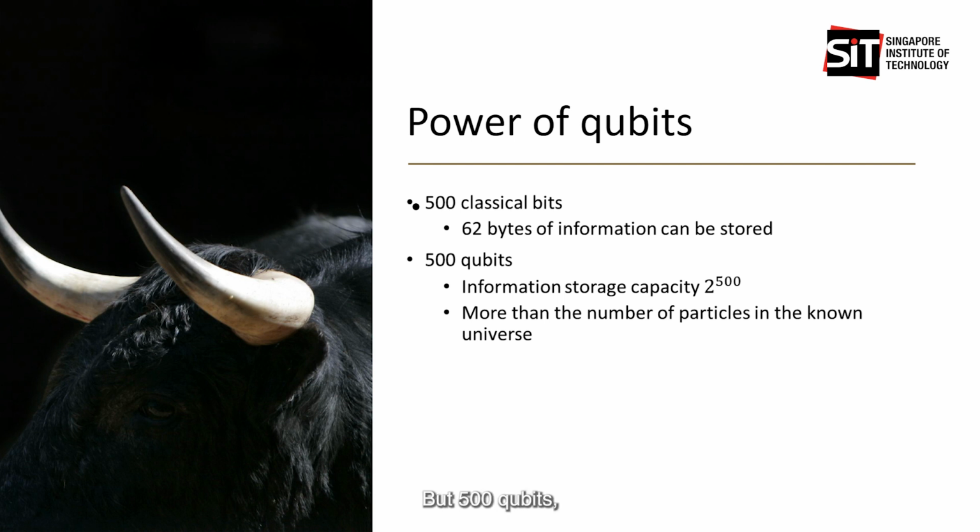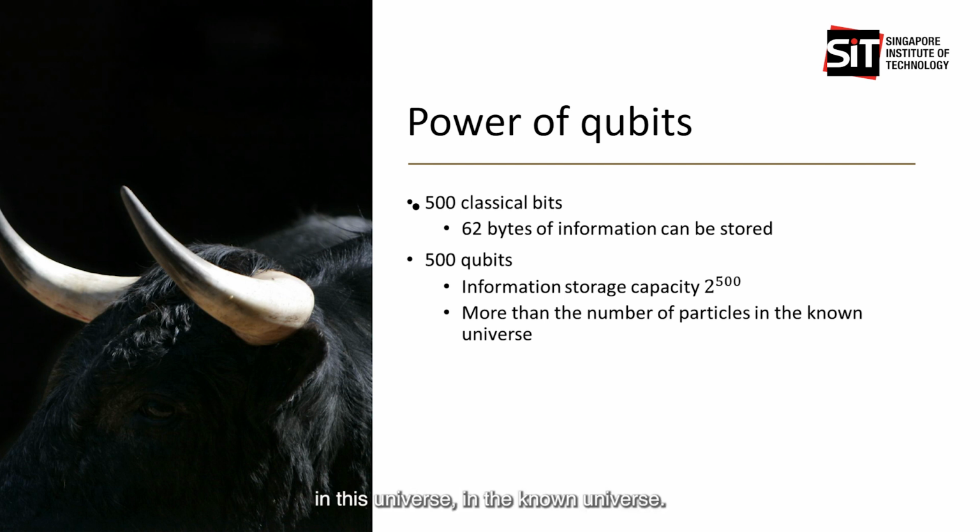But with 500 qubits, where a qubit is a quantum bit, the information storage capacity is 2 raised to 500. That is more than the number of subatomic particles in this universe.